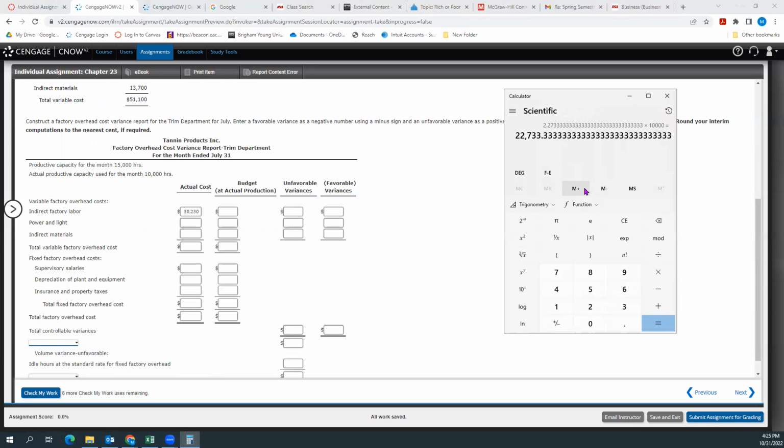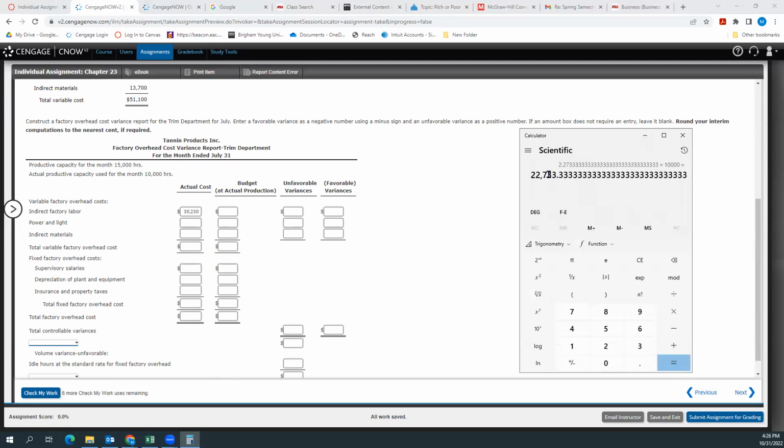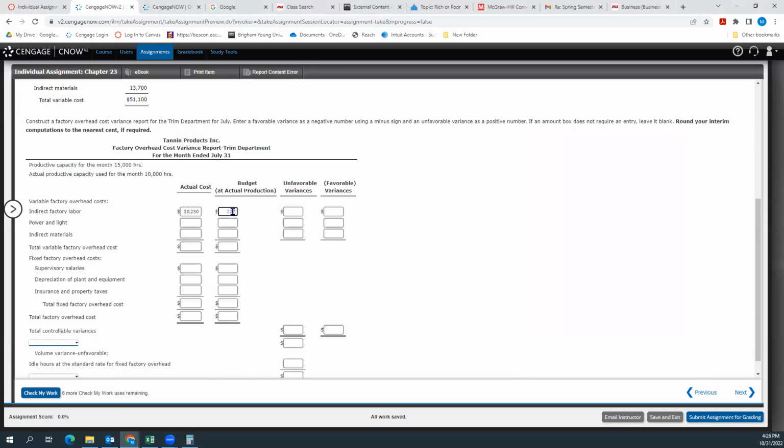I'm just looking at the round your interim computations to the nearest cent if required. And then we're going to put everything here just in actual dollars. So 22,733. That's the amount of the budget at actual production. If that makes sense, I hope it does.